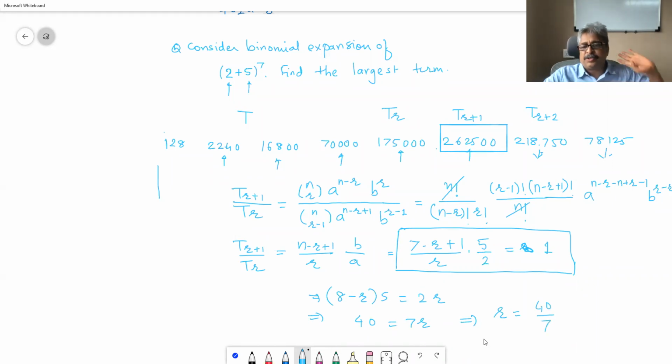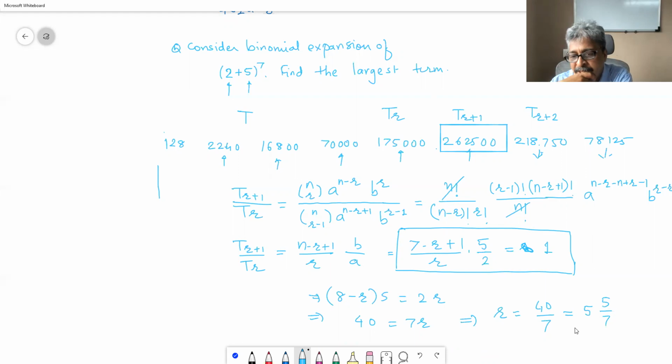Let us wait. What does this mean? If r is equal to 40 by 7, the numerator and denominator of the ratio are going to be equal. Can we find the approximate value? 7 times 5 is 35, so it is 5 and 5 by 7.